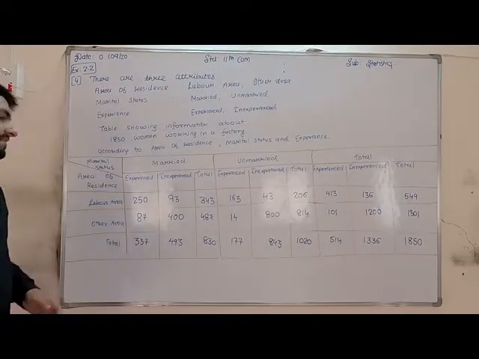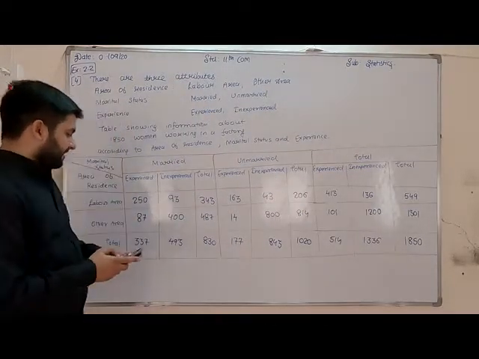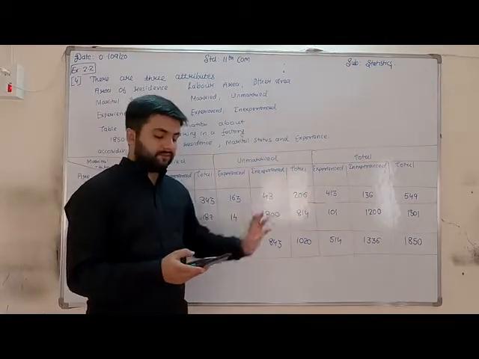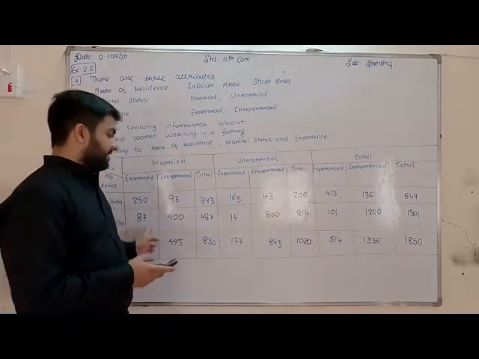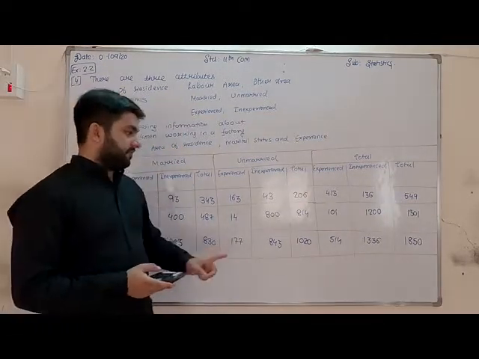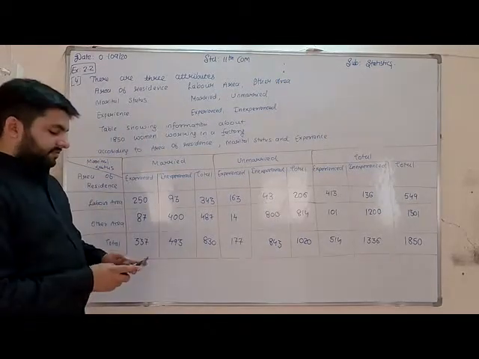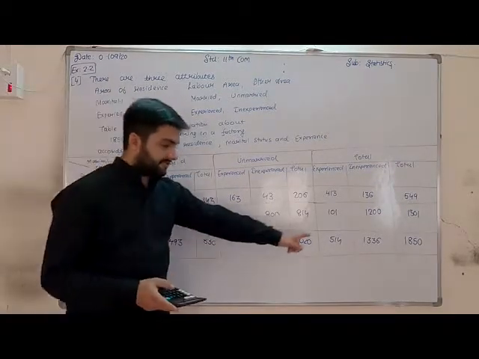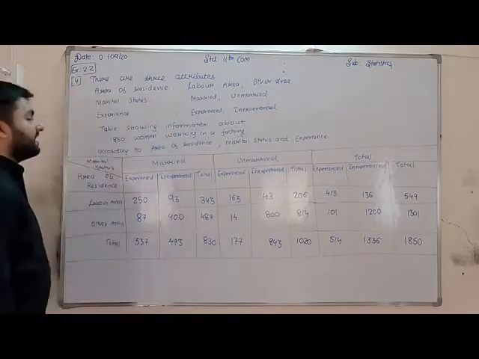So everything is being checked. Otherwise total totals also you can check. 163 and 250 is 413. 87 and 14 is 101. 337 and 177 is 514. In the same way you can check everything.